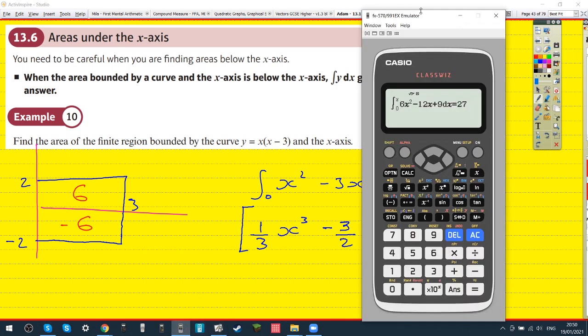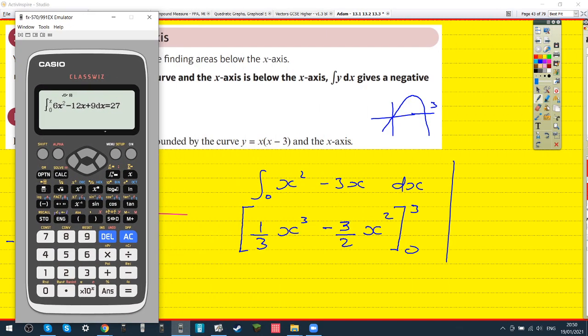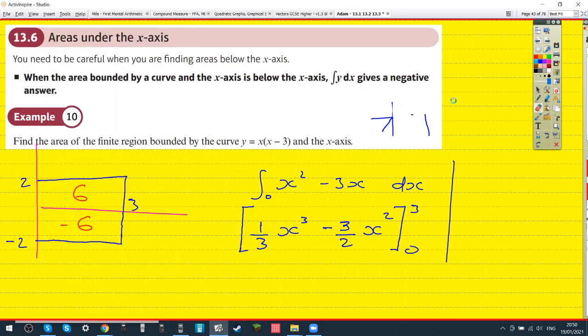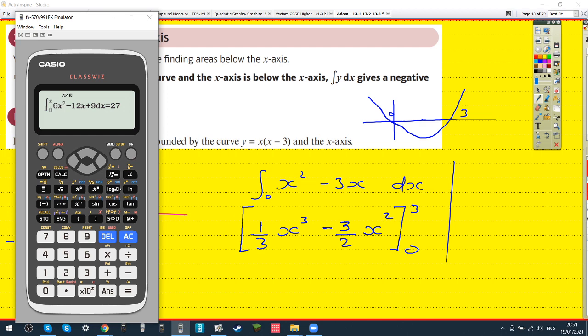Oh, and you can do the whole thing in calculator if you want. Okay. Actually, my graph isn't the best. So I got for the first half minus 9 over 2.